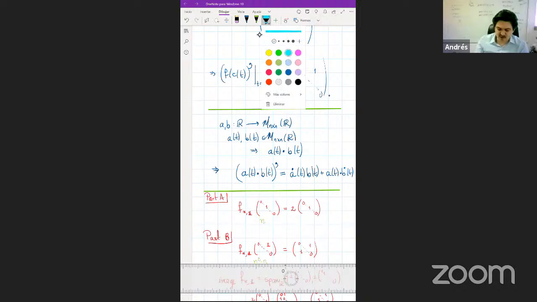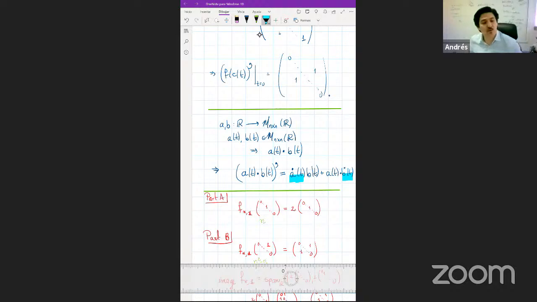This is the usual product of matrices, and the dot means you are just taking derivatives entry by entry. Okay, so that also holds.